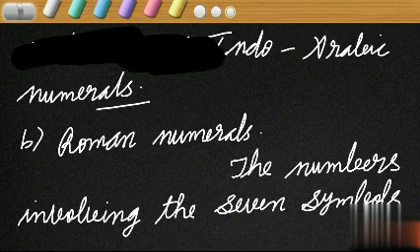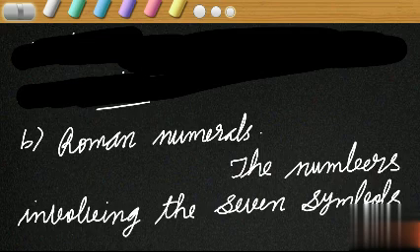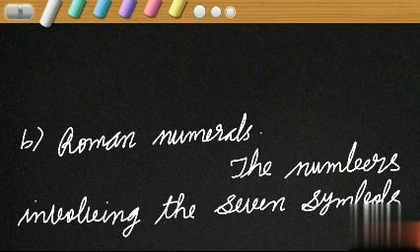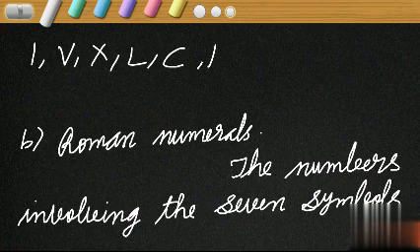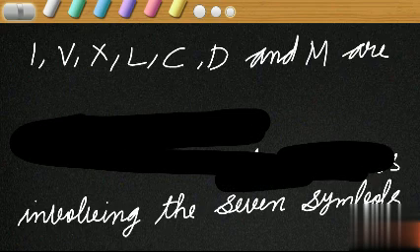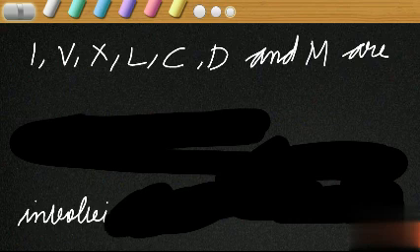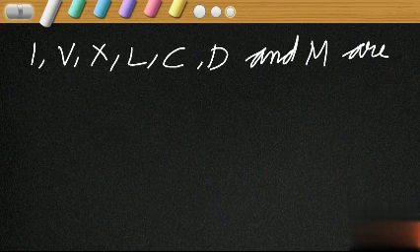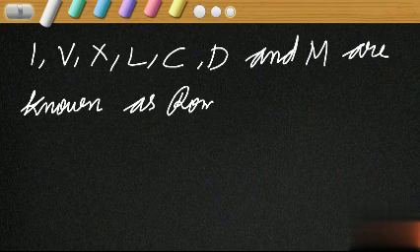The 7 symbols are I, V, X, L, C, D and M, are known as Roman numerals. This you have to learn by heart. Okay? Are known as Roman numerals.